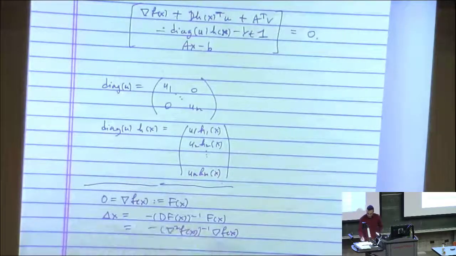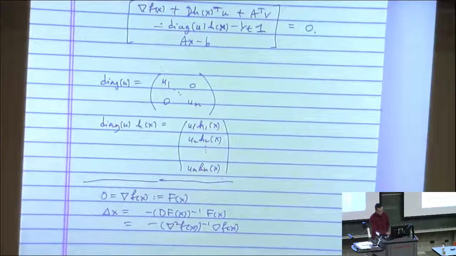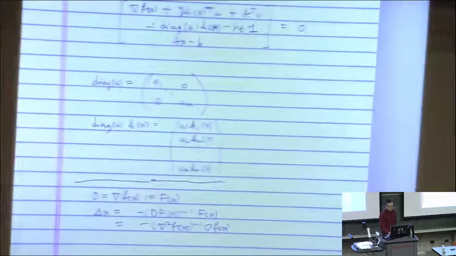Right, the Jacobian of the gradient is the Hessian. So this was really what underlay Newton's method for us, this linearization.